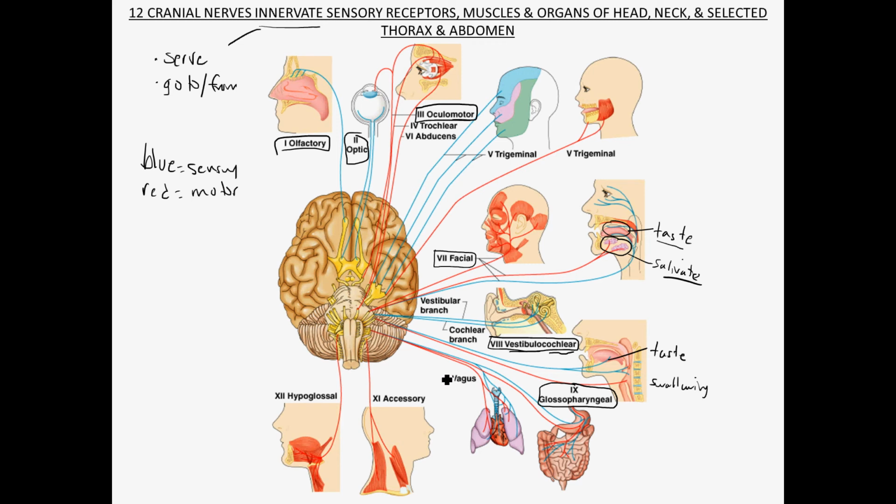And lastly here, the vagus nerve. This is the one that doesn't really make sense given all the rest of them are sensory and motor response for stuff that's about the head, neck, face region. This vagus nerve is so called because a vagabond, somebody that wanders around.